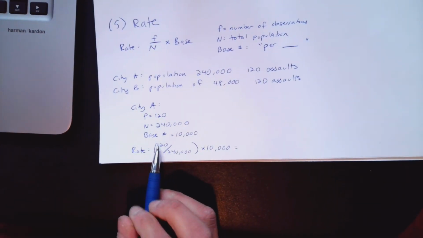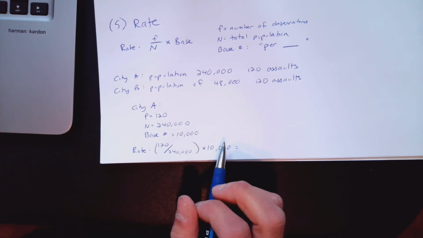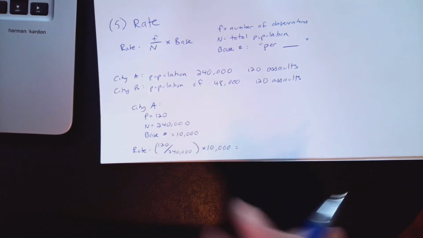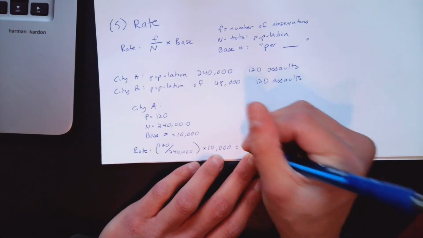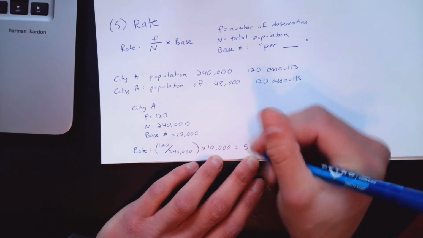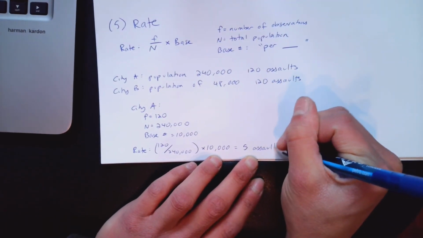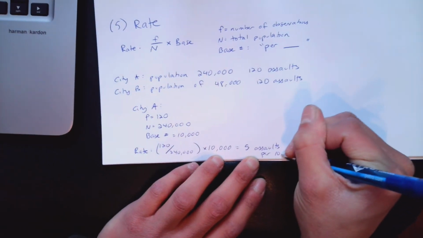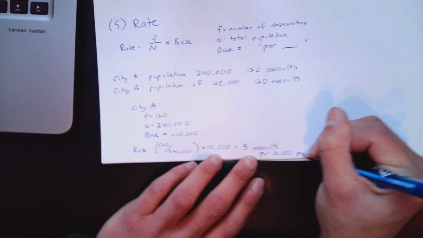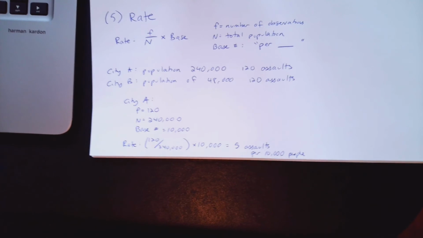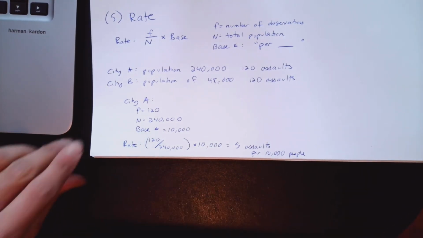And if you plug all these numbers into your calculator, you should get a value of 5. So this is 5 assaults per 10,000 people. In other words, for every 10,000 people who live in city A here, there are 5 assaults.